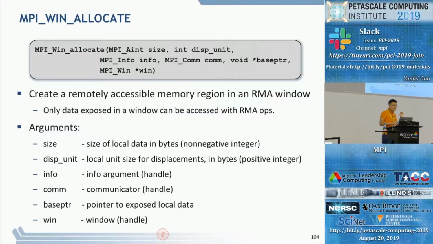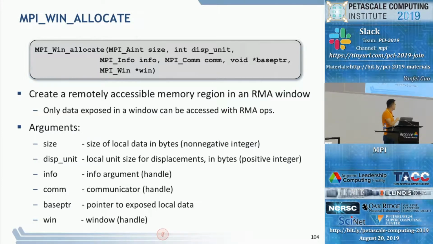Maybe you're allocating an array of bytes, then your displacement unit will be 1. But you can also think I'm allocating an array of integers, so then you have a displacement unit of 4. Then in the later communication, you can address this array using the index rather than calculating the actual address offset.